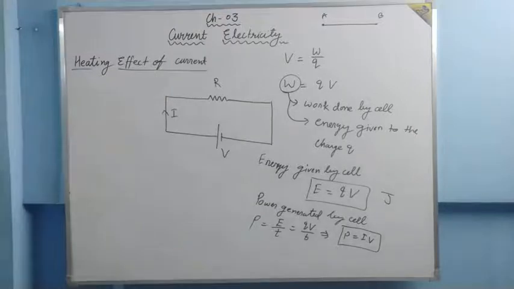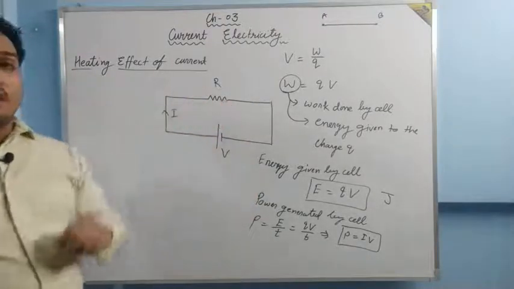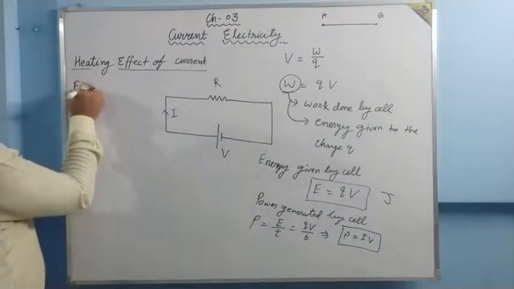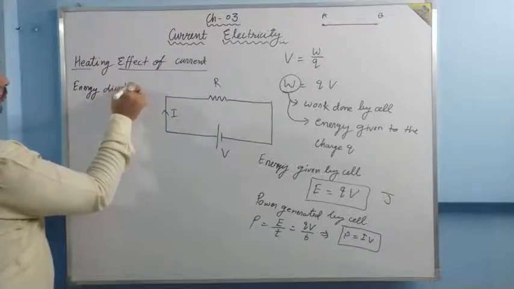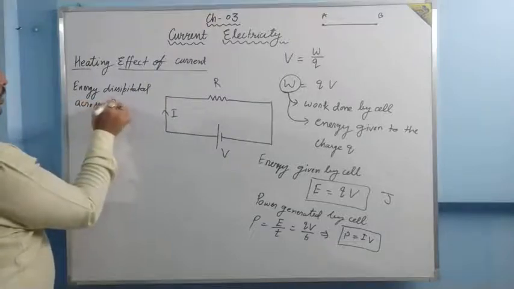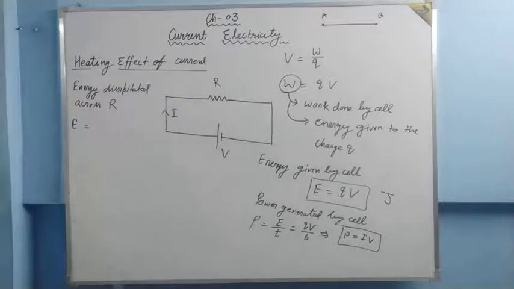Now, this is the energy given by the cell. What is the energy which is dissipated across R? Energy dissipated across capital R, E is equal to, how can that energy be calculated, let us see.